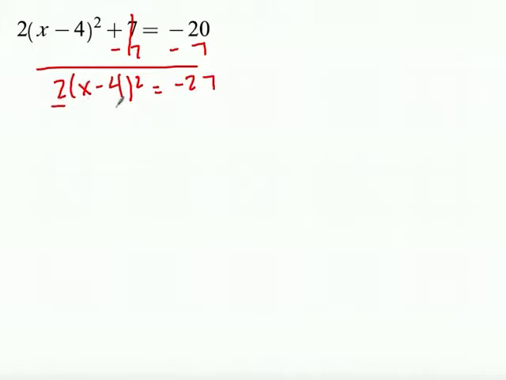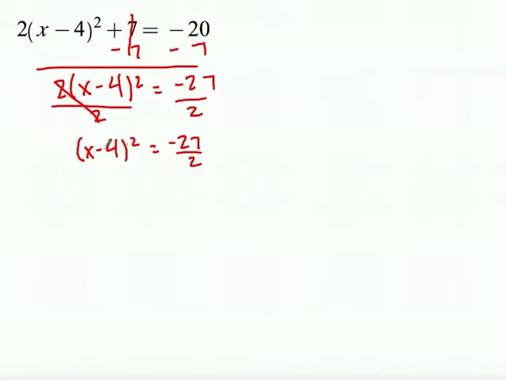Remember, I'm trying to get x by itself, so I'm going to divide both sides by 2 because that 2 is not directly touching the x. That gives me (x minus 4) squared equals negative 27 over 2. We're going to leave it as negative 27 over 2 for right now.